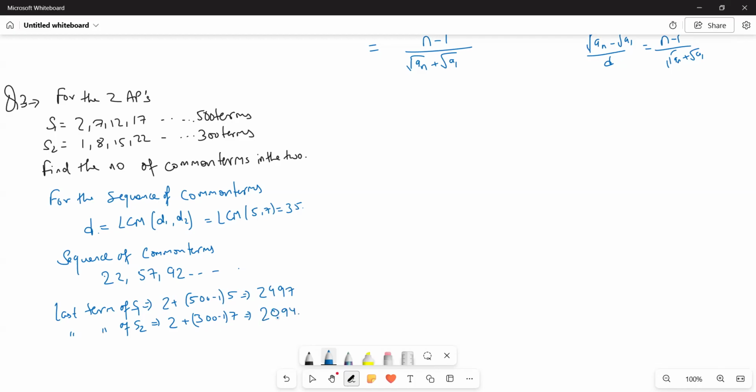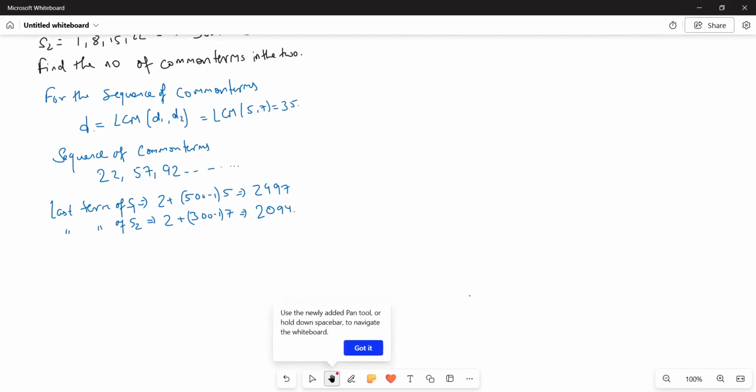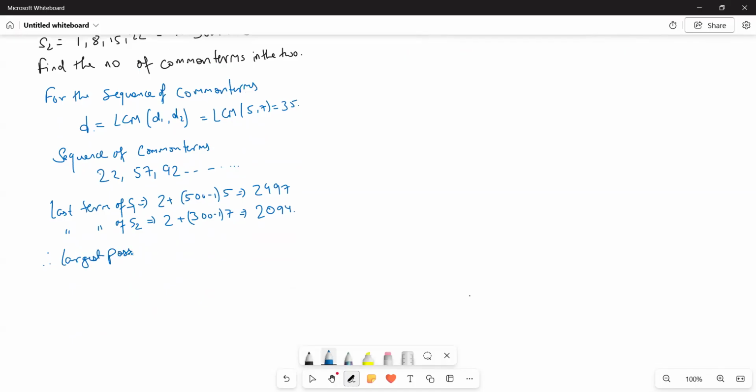Okay. So now in the sequence of common terms, what is the largest possible common term? So therefore, the largest possible common term would be 2094.